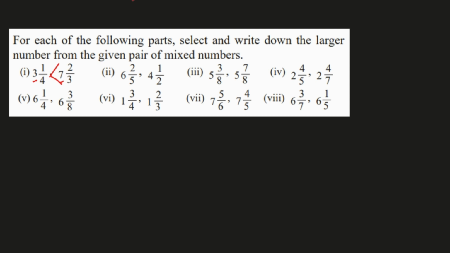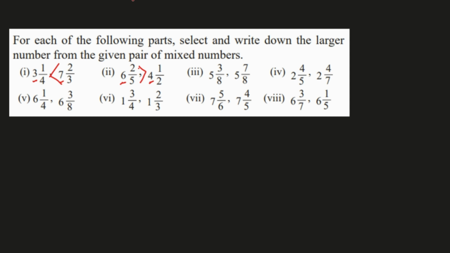In the next question as well, it's nothing to do. You don't have to do any calculations. You can see the whole number parts are different. So in such a case, the larger fraction will be the one which has the largest whole number part. Here, 6 is greater than 4. So we can tell that 6 and 2 upon 5 is greater than 4 and 1 upon 2.